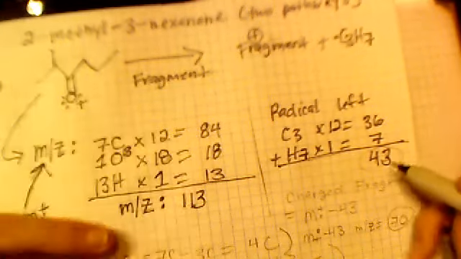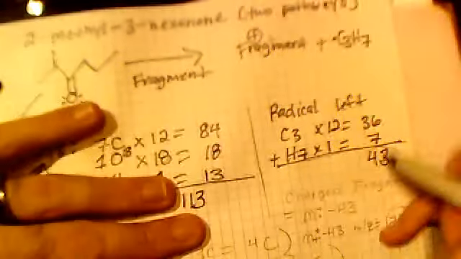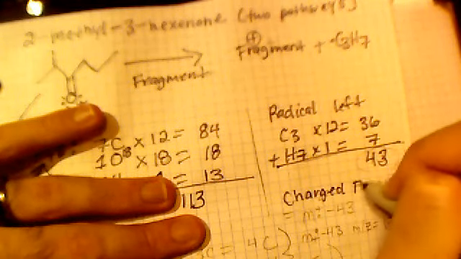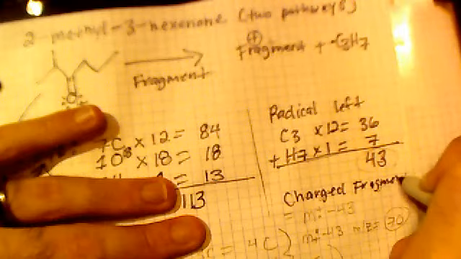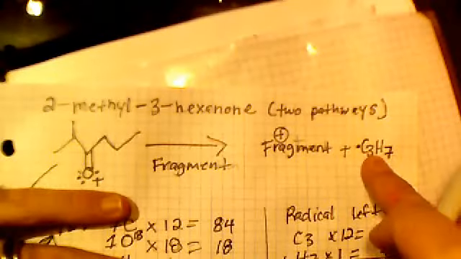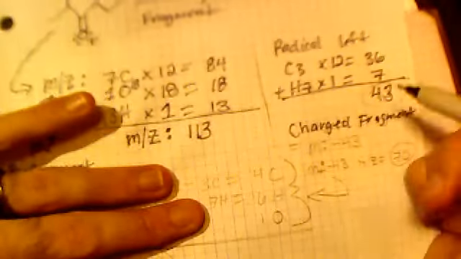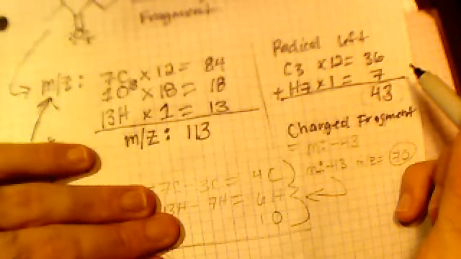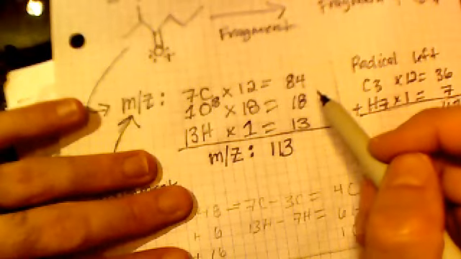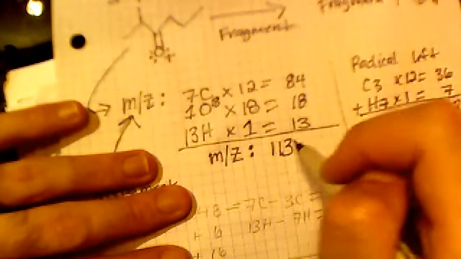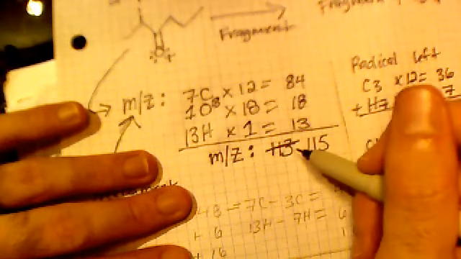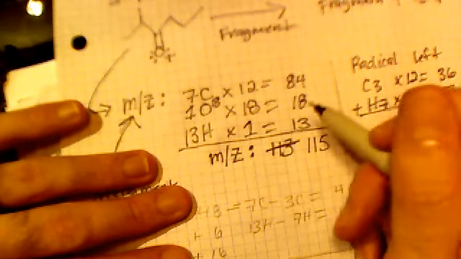So from this you can calculate what the charged fragment that's going to be detected has. This obviously won't be detected because it's not positive. I'm sorry, when this was 18, I had it as 16, so this is 115, not 113. It would be 113 if this was oxygen 16, but it's oxygen 18, so it's 115.